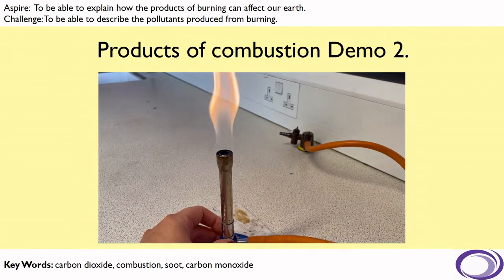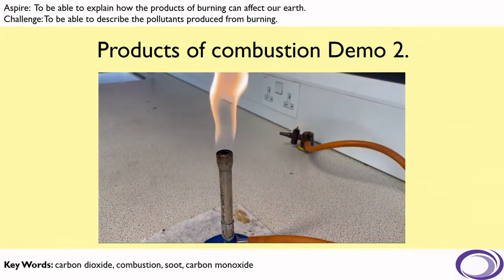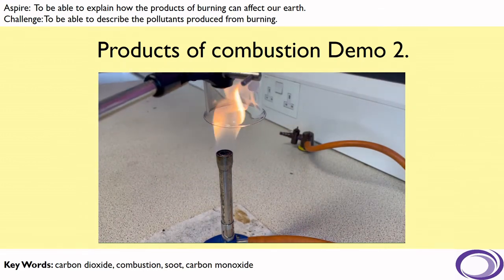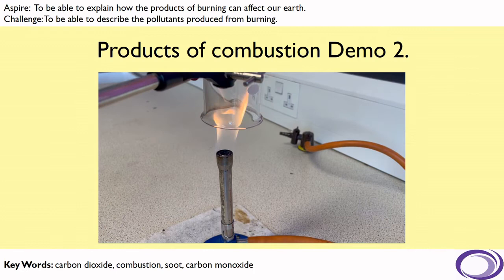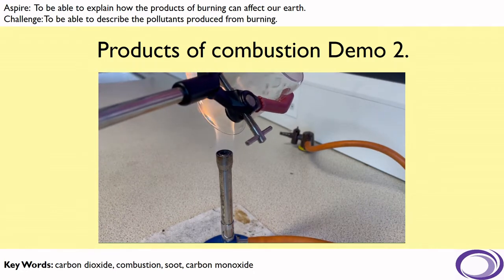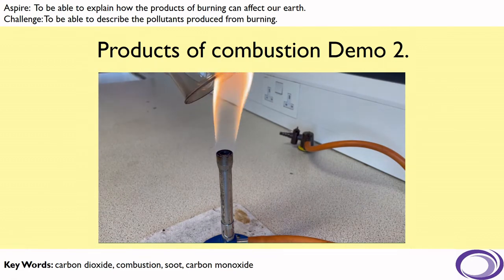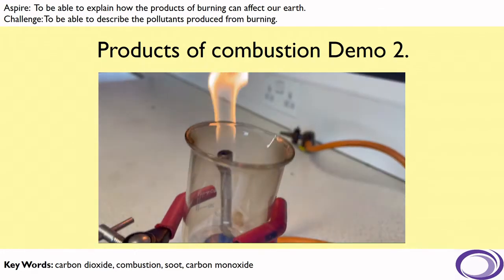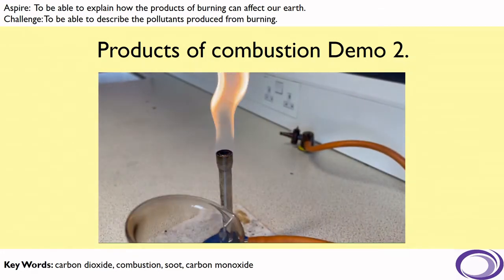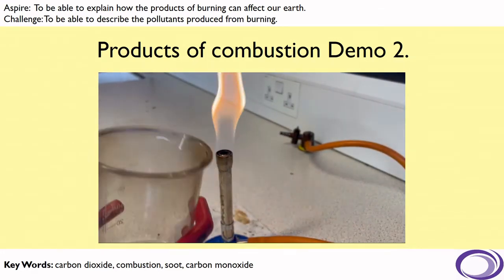on the surface. If I change this to a yellow flame, it has less oxygen in it, and as a consequence of that it is typically a cooler flame. But if I place my beaker over the top of my yellow Bunsen flame, you can see that the colour of the glass is changing and that we have had some product build up on the outside of that beaker.